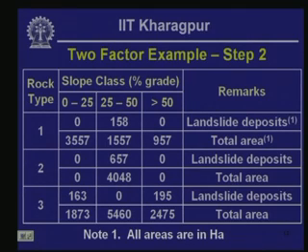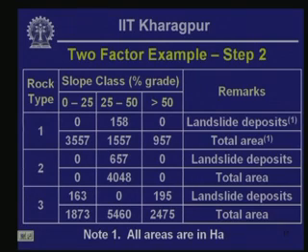So, for a slope which is between 0 to 25% grade underlain by rock type 1, you have 0 hectare of land mass affected by landslide out of 3,557 hectare of land underlain by rock type 1 which is categorized in slope class 0 to 25, and so on and so forth.